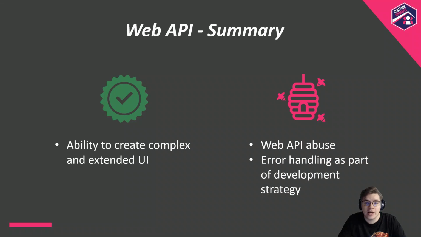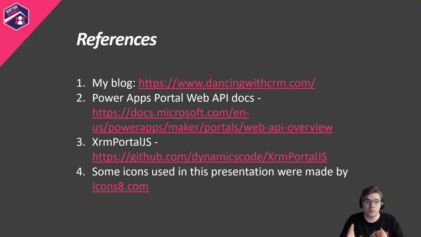And also error handling needs to be a part of your development strategy, because if you don't show your user clues that something went wrong or don't handle it properly, you can lose valuable information. Check out the references: my blog, dancingwithcrm.com, official documentation, and the excellent portal.js.